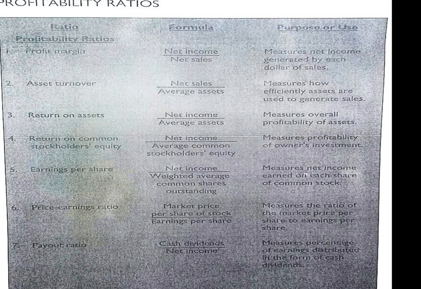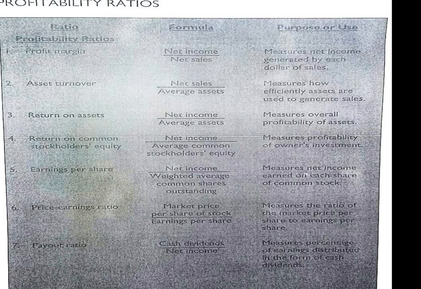In the last one we used net sales over average assets, but this time we use net income over average assets. I think you are able to compute the average, the first and the second over 2. This ratio, return on assets, measures overall profitability of assets.